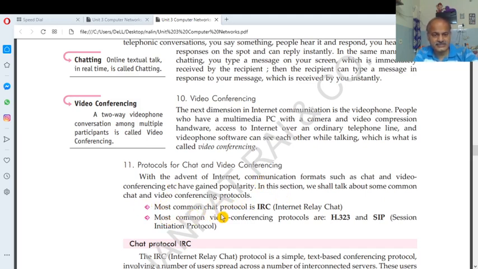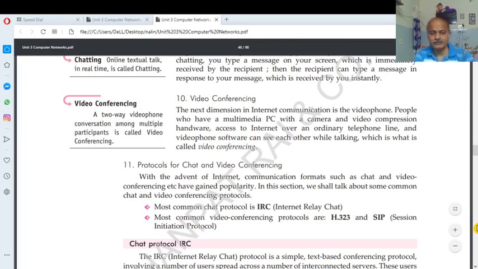The most common chat protocol is the IRC, Internet Relay Chat, and the most common video conferencing protocols are H323 or SIP, Session Initiation Protocol. Because video conferencing is not in your syllabus, you can ignore the protocol for video conferencing, but you have to remember the protocol for the chat because the chat is in your syllabus.